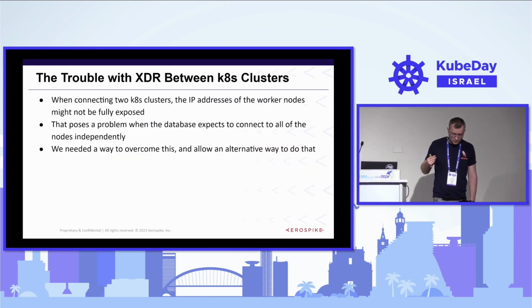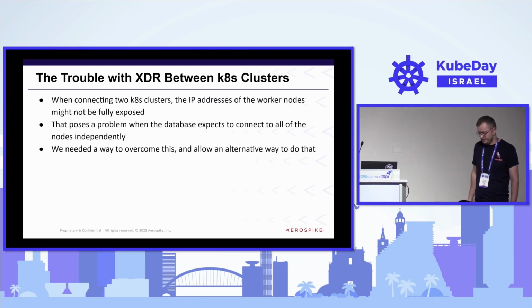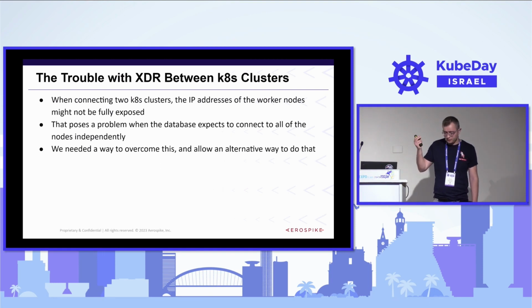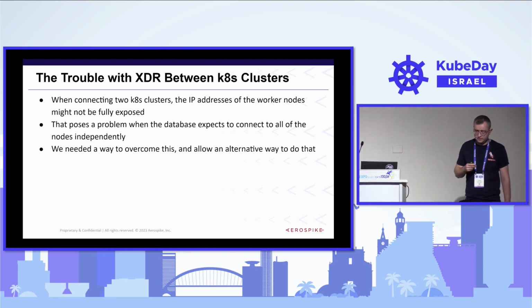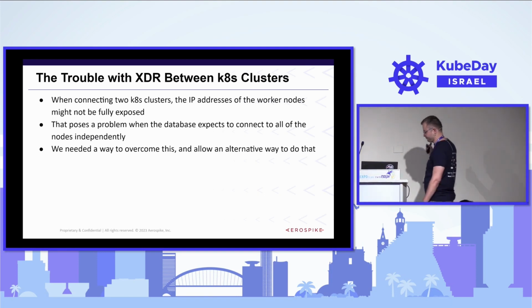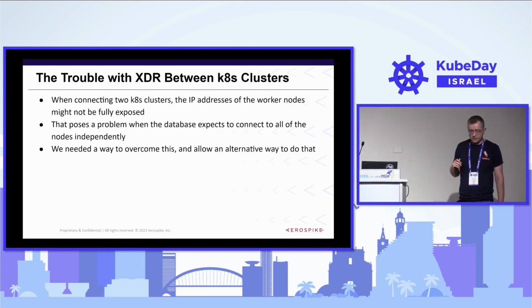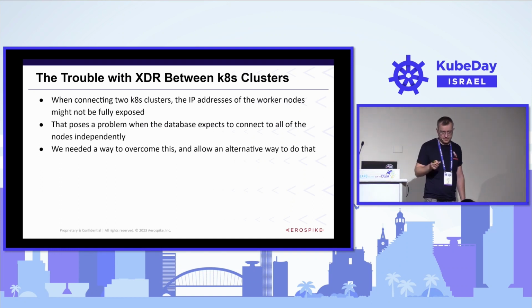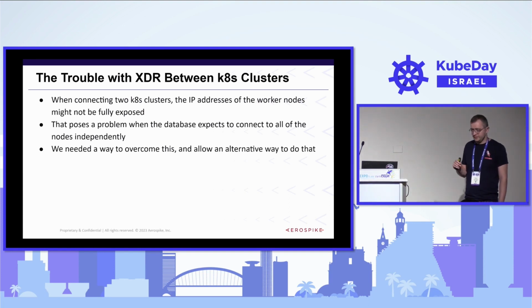The issue that we faced was that we had two Kubernetes clusters running in different geographical locations, or on different clouds, and we wanted them to interact with each other. We could expose a node port and define the XDR, but we wanted to stick with the standard methodologies of Kubernetes.